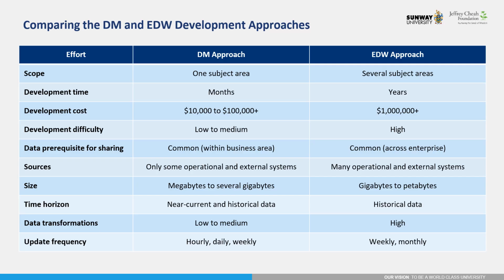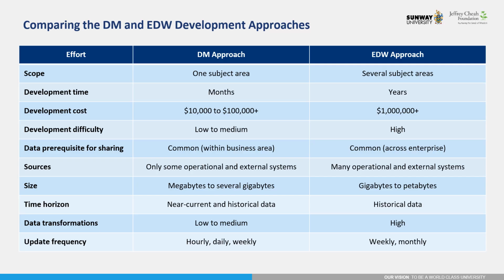Likewise, consider scope, development time, cost and difficulty, and source size. Sometimes the DM approach is very good, and sometimes the EDW approach is better. The EDW approach is more considerable because in this context we can utilize historical data, gigabytes of data, and high speed, and transformation is very high.